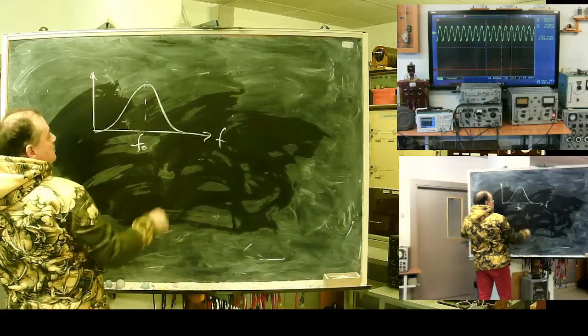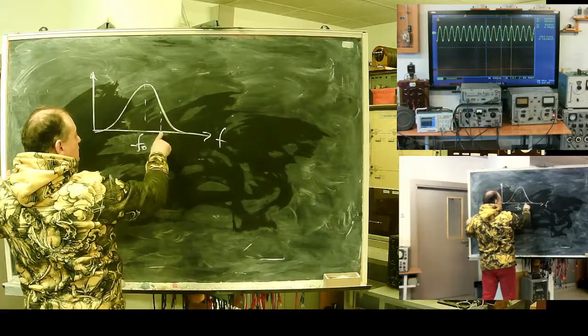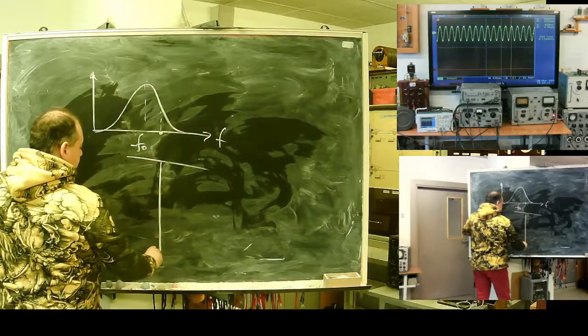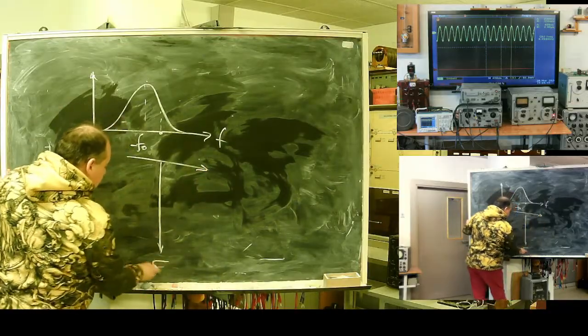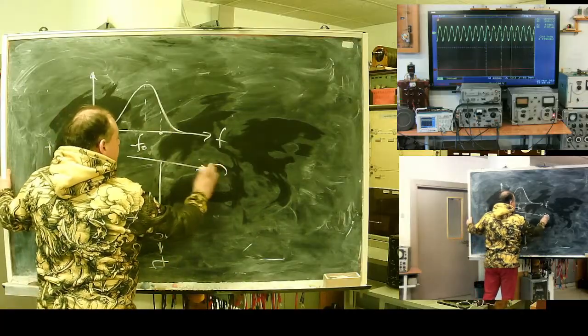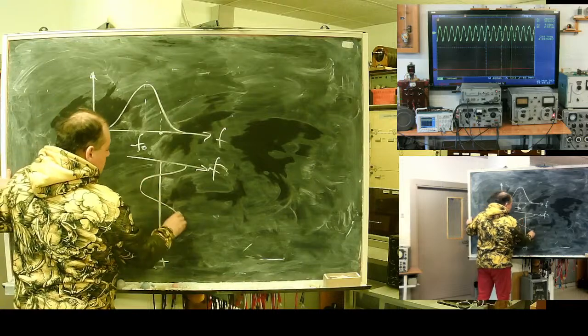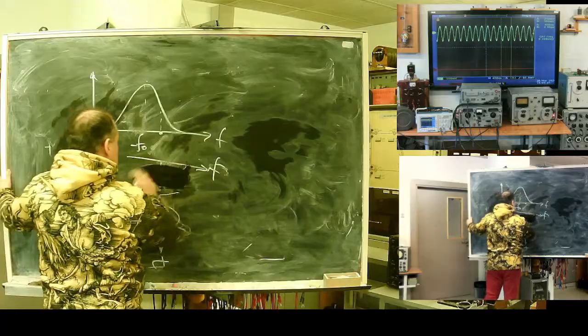Take a filter like this, set a work point on the slope of the characteristic, time, frequency. Let's assume too large, this will not work.